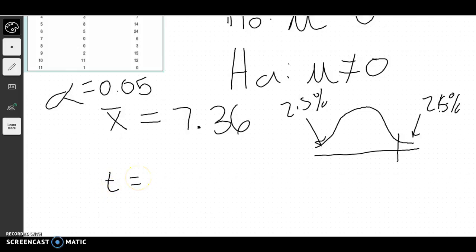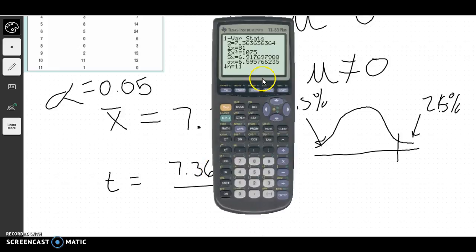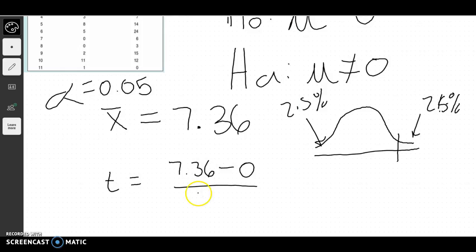And so for a t-test, you can find that t-score by doing the mean that you found minus your actual mean, which we think our actual mean should be 0. And then you take the standard deviation, which the nice part is our calculator did that. And we want the sample standard deviation, so that's 6.91. And we do that over the square root of our sample size, which is 11.